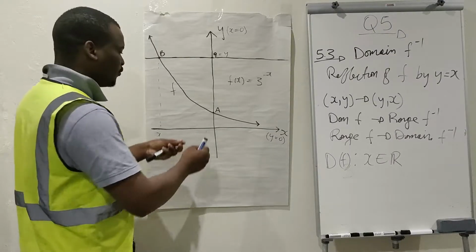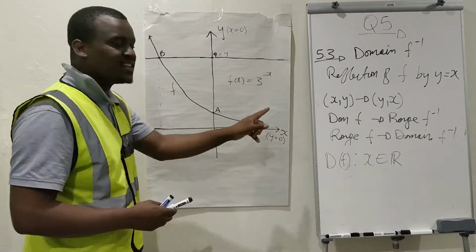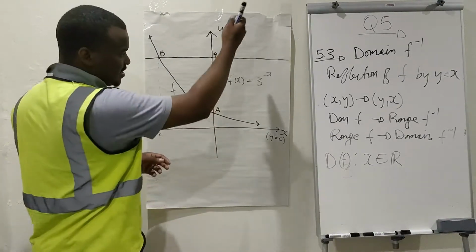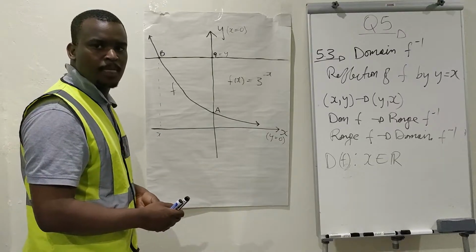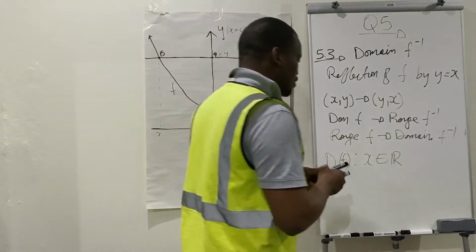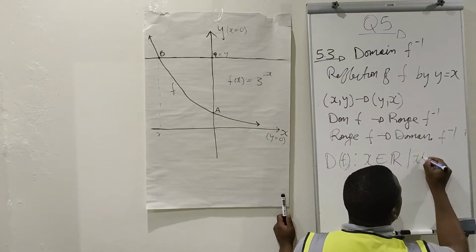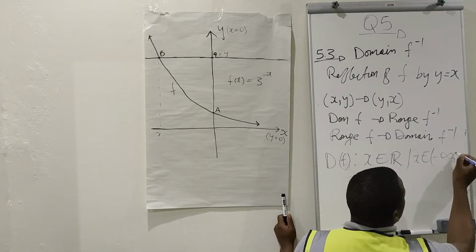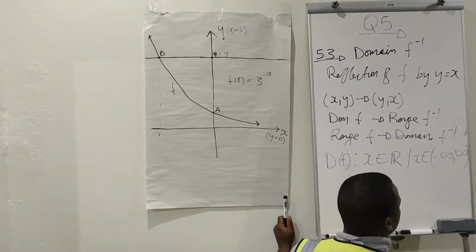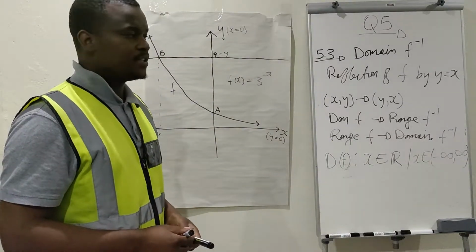That's your domain, because there's no point where this function is undefined, or where there's an asymptote or a discontinuity. Or you can write it as x is an element of negative infinity to positive infinity. That is exactly the same thing, right?